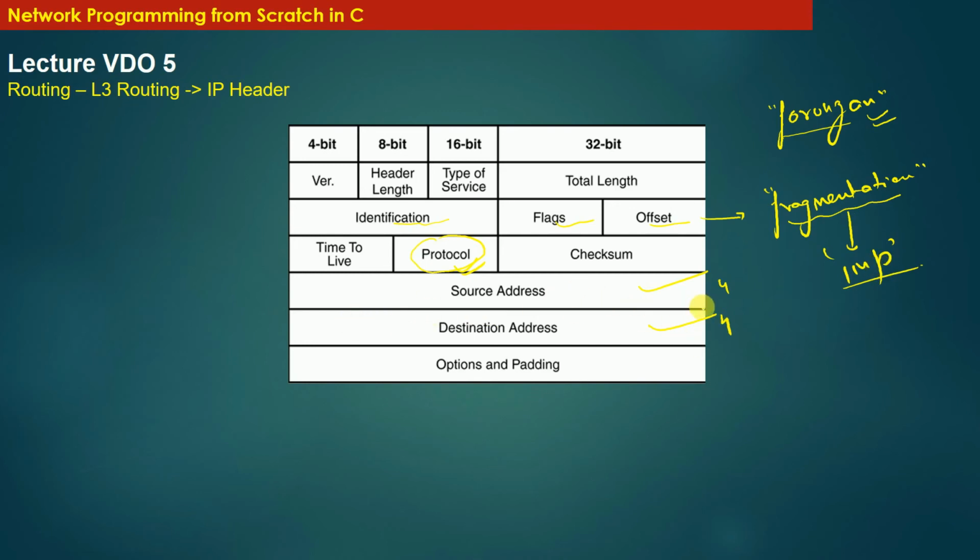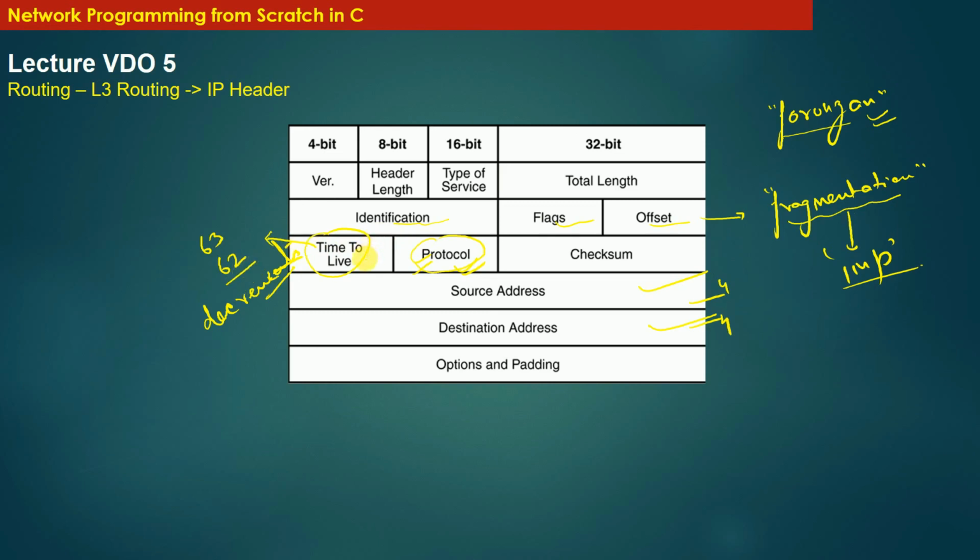The things to note here are that it has the source IP address, destination IP address, and the protocol field. Whenever a router forwards a packet which it has received from the previous router, the router decrements the time to live field in the IP header. Suppose the time to live field was 63, the router will decrement it to 62 before forwarding the packet to the next hop.